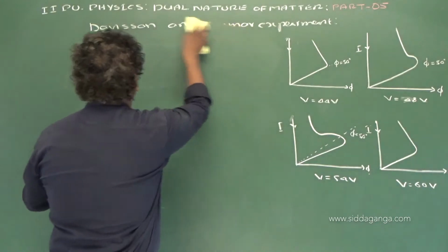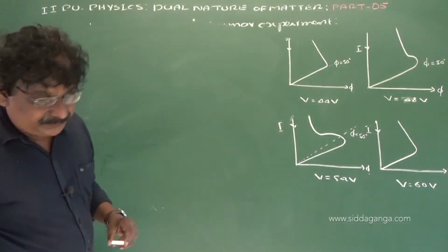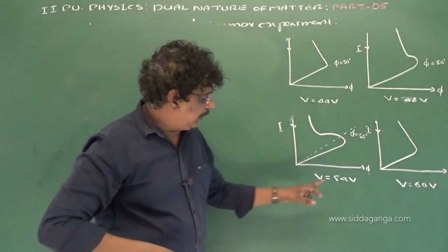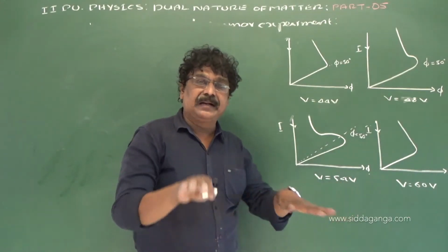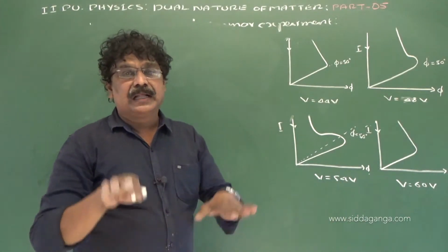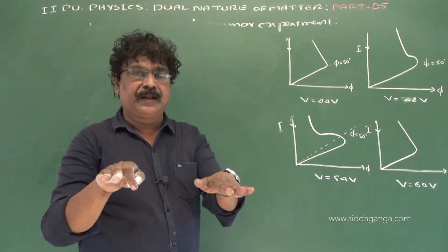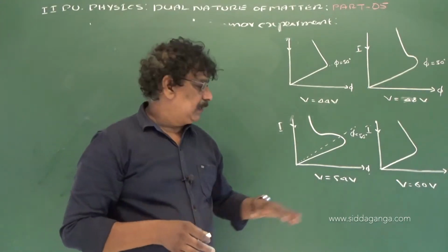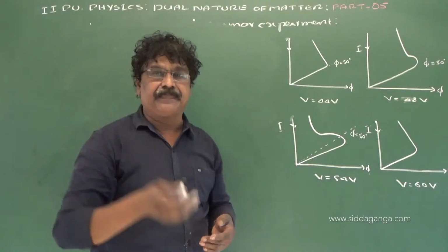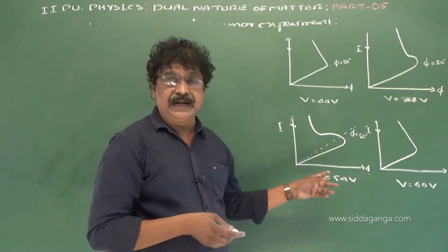Now, in fact, here for 54 volt, at that particular voltage, the wavelength of the electron matches with the spacings, and we will get the maximum intensity.